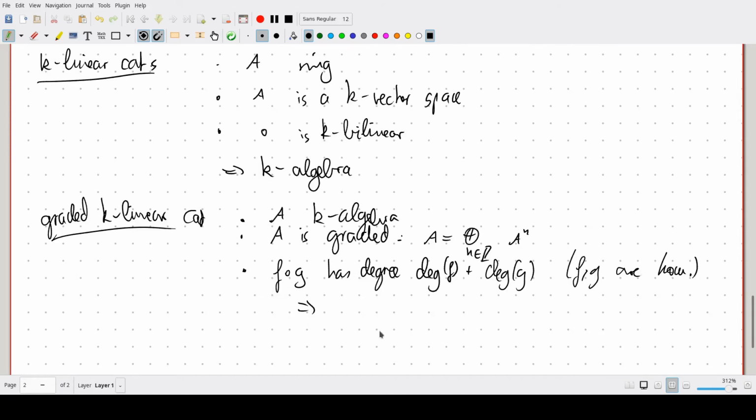It probably doesn't surprise you to hear this, but this means that A is not only a k-algebra, but a graded k-algebra.